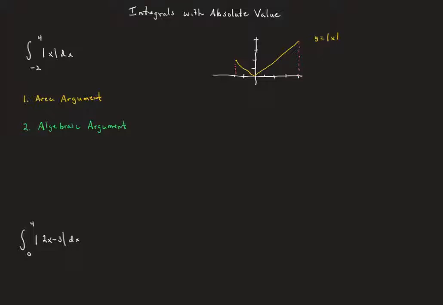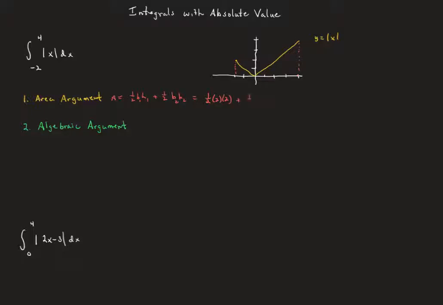And so we can evaluate that integral by saying we're going to get 1/2 times the base and the height of that first triangle, and then we'll add that to the base and the height of our second triangle. So the first triangle has a base and a height of 2, so that is going to be 1/2 times 2 times 2.